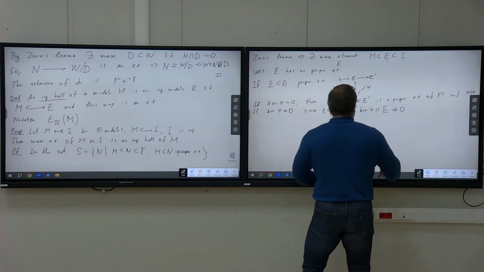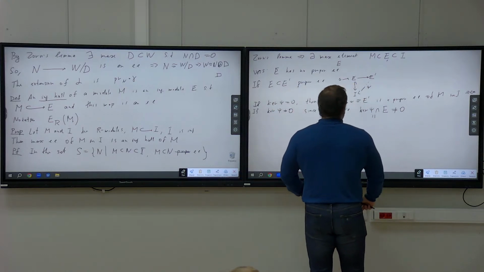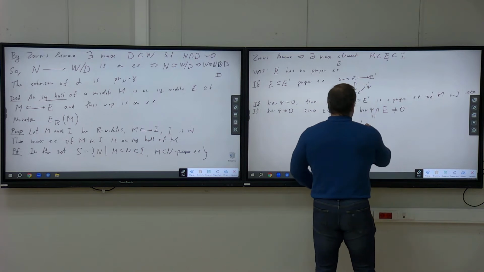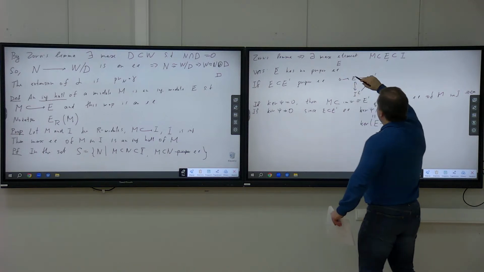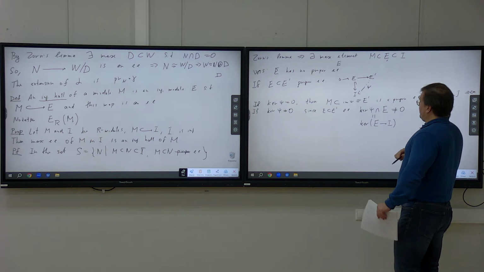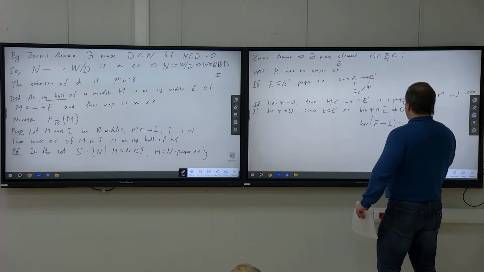But what is this kernel of psi intersect with E? Well, that is precisely, by looking at the diagram, the kernel of the map from E to I, right? But this is 0.